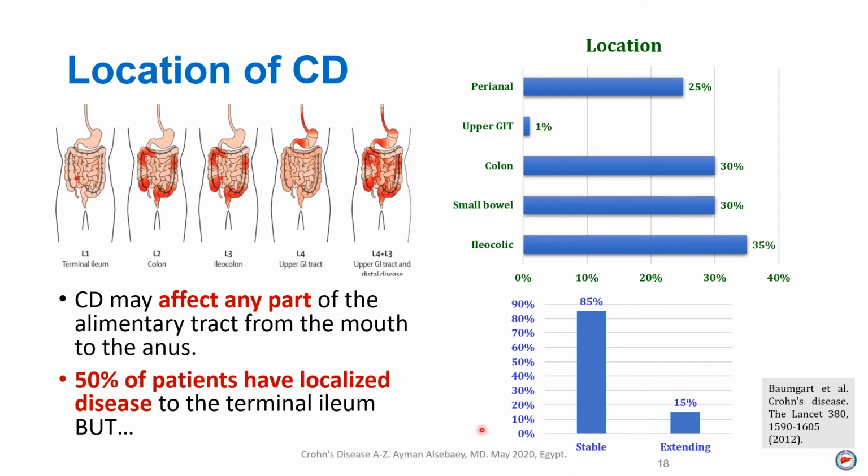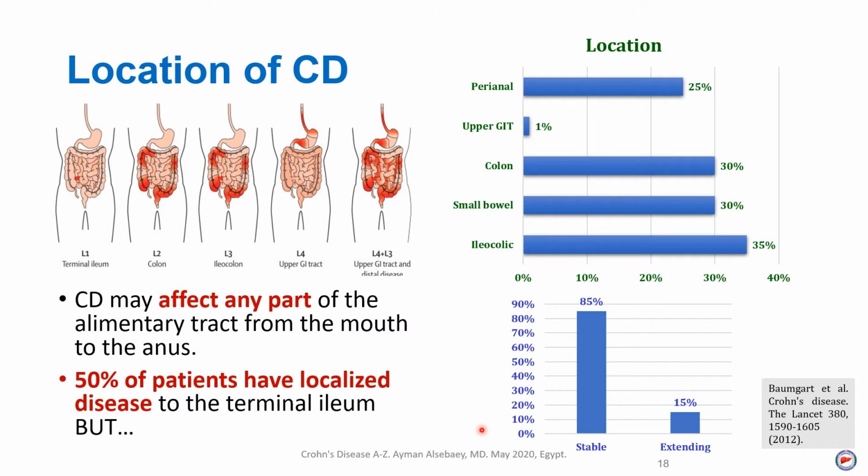In 85% of the patients, Crohn's disease is stable in location. If the patient had ileocecal Crohn's disease, he will continue to have ileocecal disease. But in 15% of the patients it is extending. It may extend proximally to the jejunum or distally to the rectum and sigmoid colon and so on.